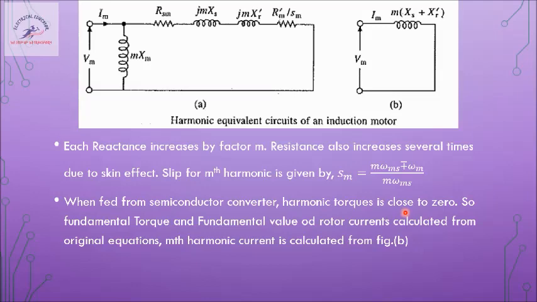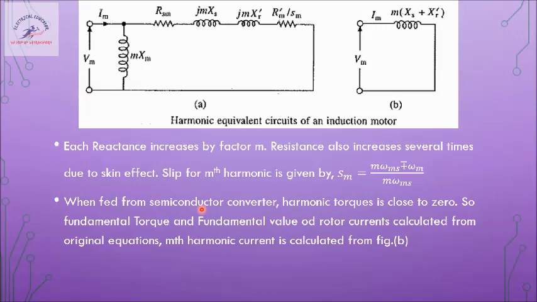So we are speaking only about harmonic torque. It doesn't mean that the motor will stop. The harmonic torque will be close to 0. Why are we speaking about semiconductor devices now? Because these semiconductor devices have their own rise time and fall time, and their own inductance and capacitance, which act like low pass filters. So when fed from a semiconductor converter, these harmonic torques are close to 0.